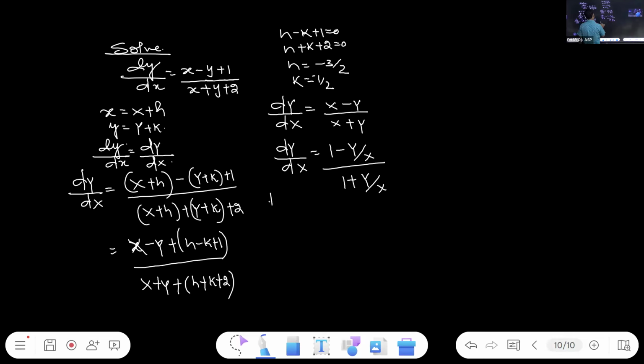Let Y upon X is equal to v. This implies Y is equal to vX, dY upon dX is equal to v plus X dv upon dX.